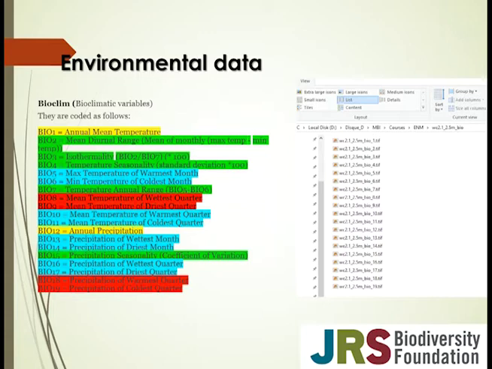When you talk about precipitation of the wettest month, it can also be quite relevant to some species. It can be a threshold for survival, as well as precipitation of the driest month, etc.